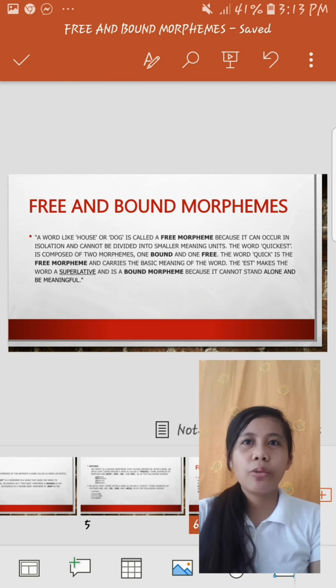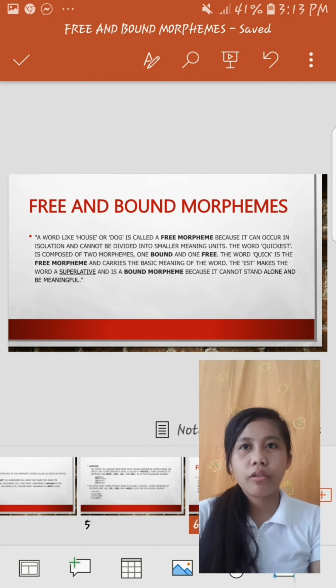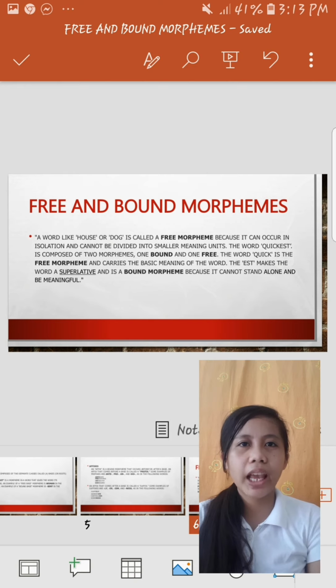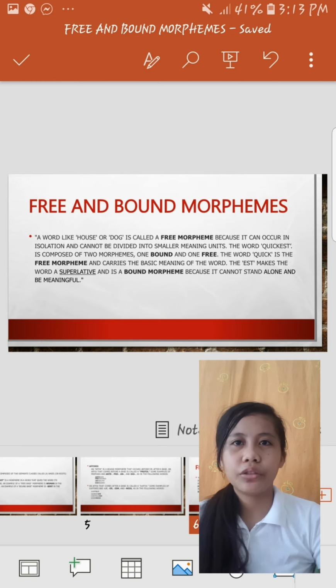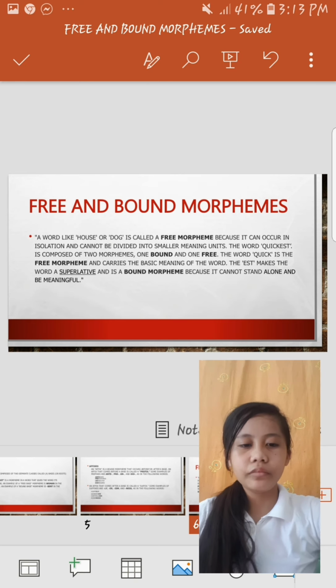Okay, so the word quickest is composed of two morphemes, one bound and one free. The word quick is the free morpheme and carries the basic meaning of the word. Another example is the word est, which makes the word a superlative, and it is a bound morpheme because it cannot stand alone and be meaningful.